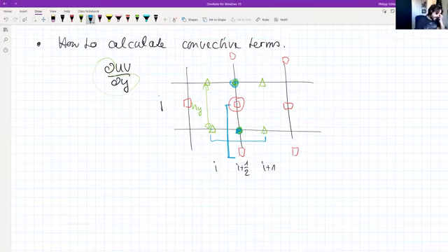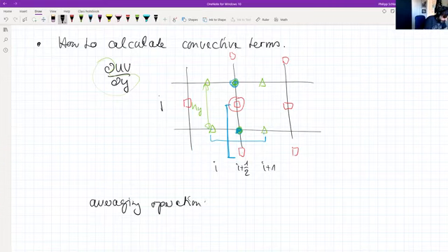Now, the basic idea of how to do that is that we use something that is called an averaging operation. And that is actually implemented also in the MATLAB code. It's called AVG, and it does nothing else than just averaging two neighboring velocity points to give the average in the middle.